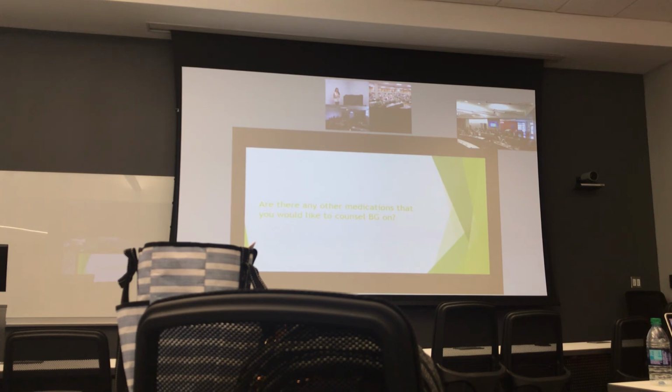You picked calcium. Calcium carbonate should be taken 2 hours before or 4 hours after. So take any interacting medications with calcium carbonate 2 hours before or 4 hours after calcium carbonate.